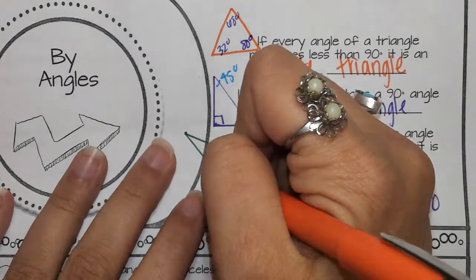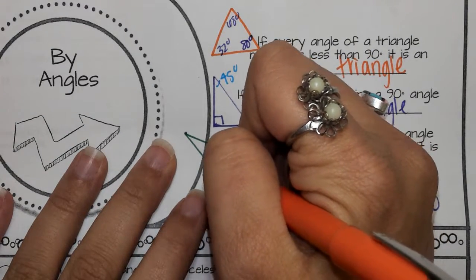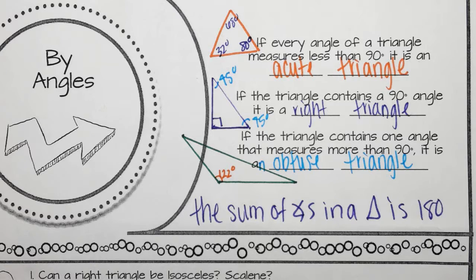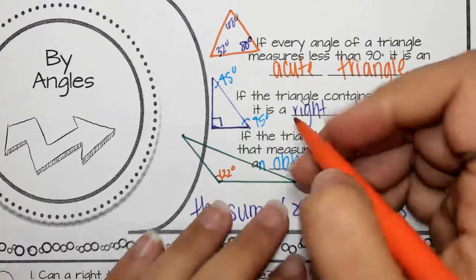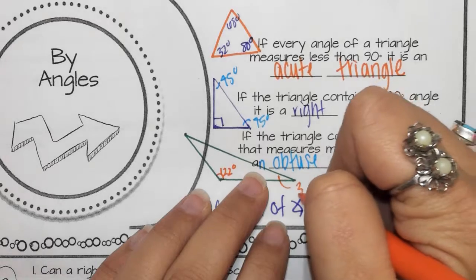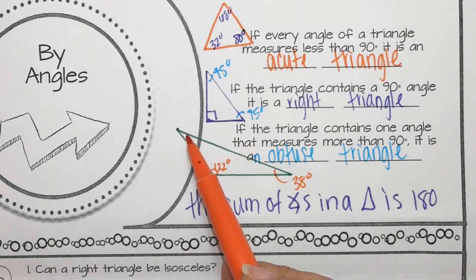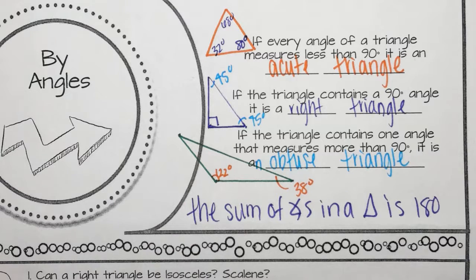All right, so I want this angle to be 122 degrees. And I want this one to be 38 degrees. So if this is 122 and this is 38, what does this angle have to be? Let's let everybody process for a moment before we start screaming things.